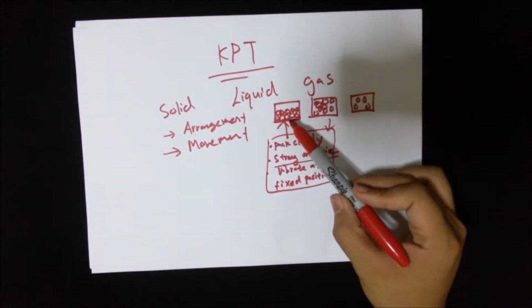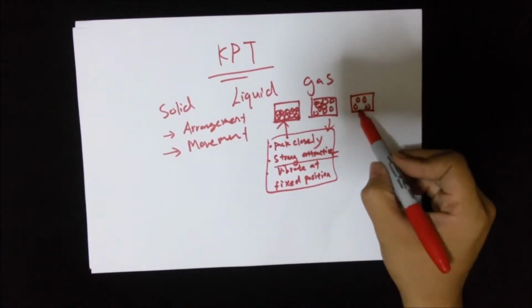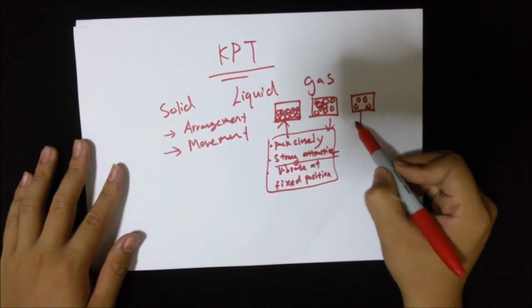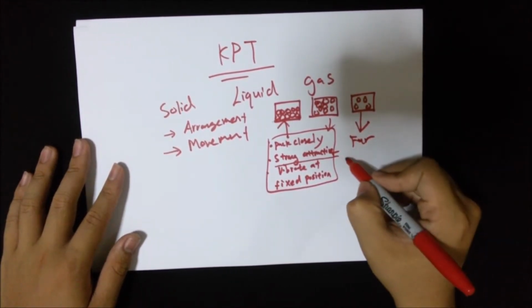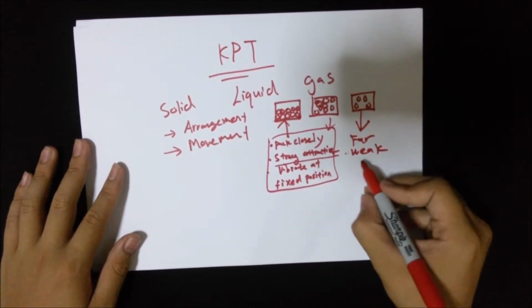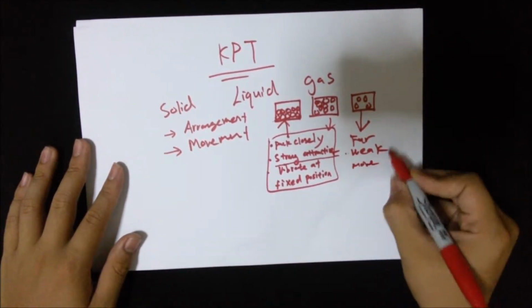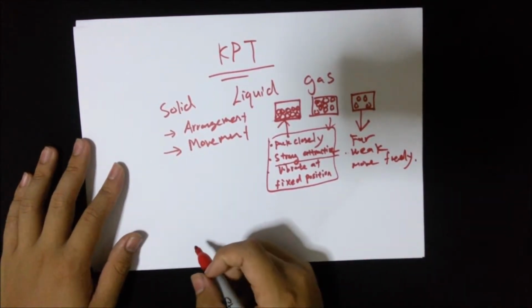So instead of staying at a fixed position, you will vibrate and move throughout the liquid structure. However, for gas, it's more free because the particles are further apart and the attraction force between them are weak, and as a result they can move freely throughout the entire structure.